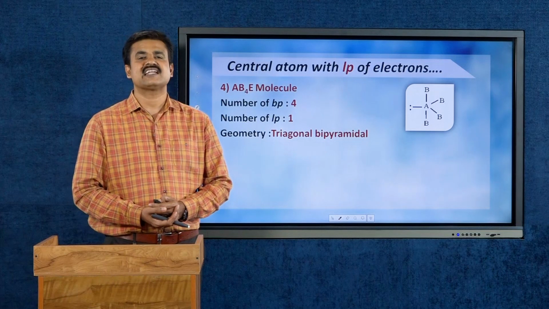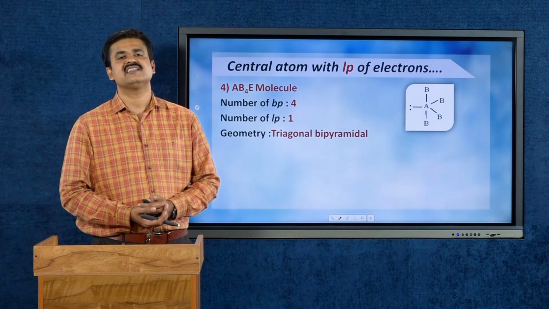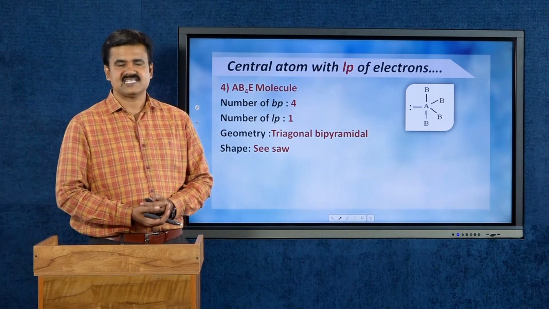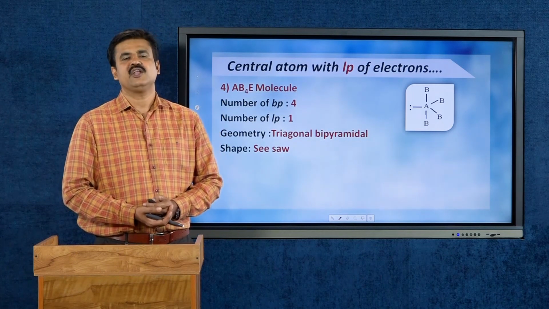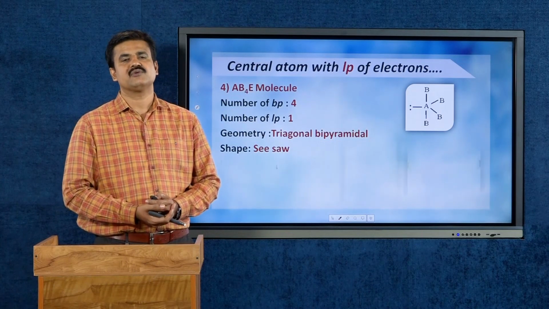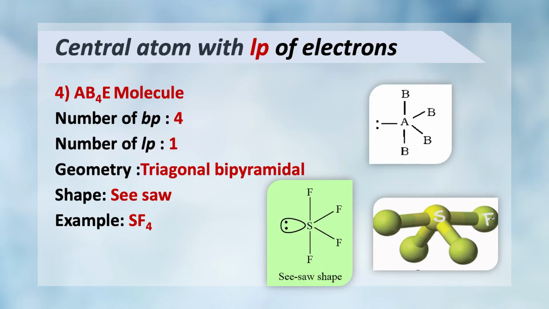That lone pair is arranged in a stable way in the triangle, and the shape of the molecule is seesaw if you exclude the lone pair present in the triangle. So the shape of the molecule is seesaw. A typical example is SF4. Sulfur tetrafluoride is a molecule that exhibits a seesaw shape. It is a molecule where the central atom sulfur has 4 bond pairs and 1 lone pair.